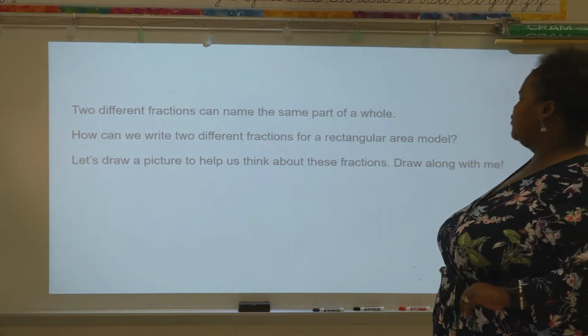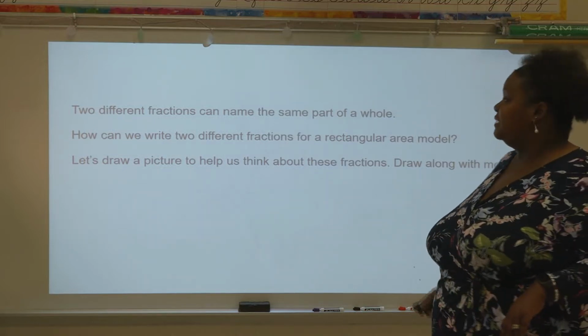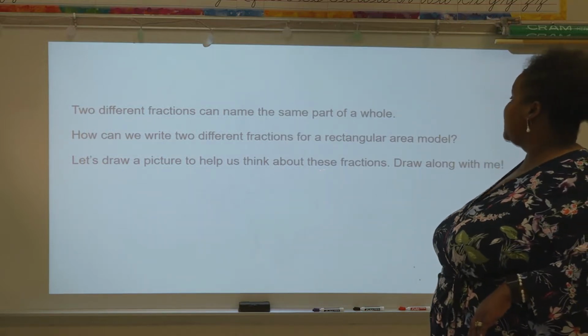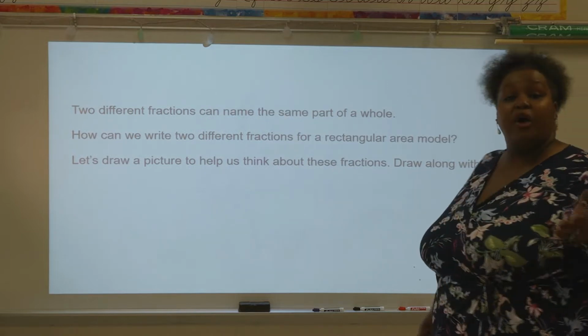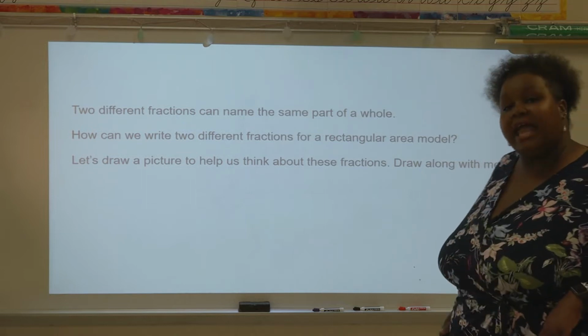How can we write two different fractions for a rectangular area model? Let's draw a picture to help us think about these fractions. Draw along with me. So I'm going to draw a rectangular area model.